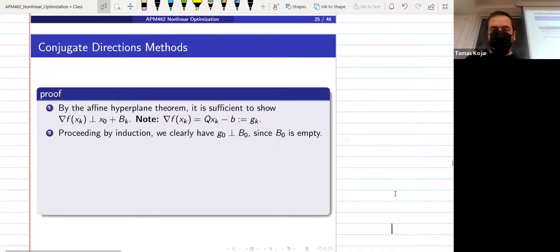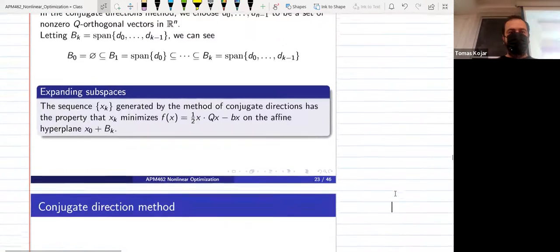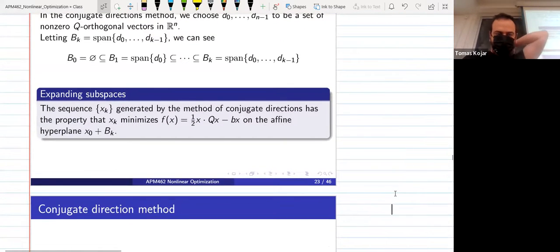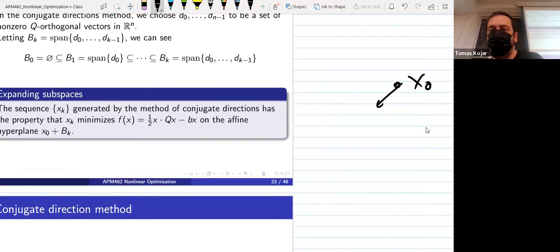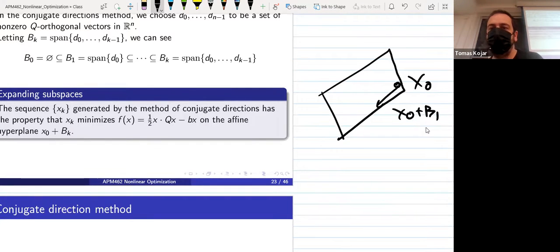All right, so again, what am I proving? Let me explain it on the side. In the simulation that we just did, what happens? You start with x0, you have this hyperplane, x0 plus b1, and then you're trying to figure out the direction.